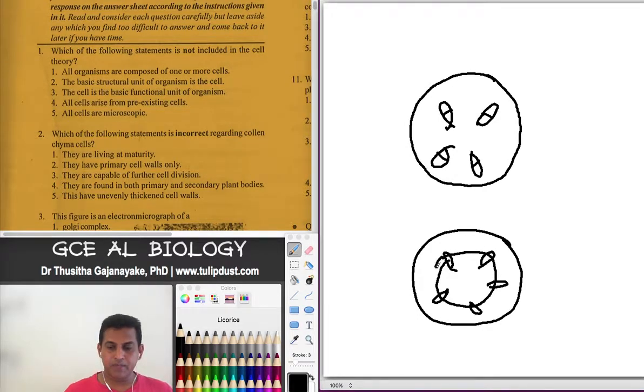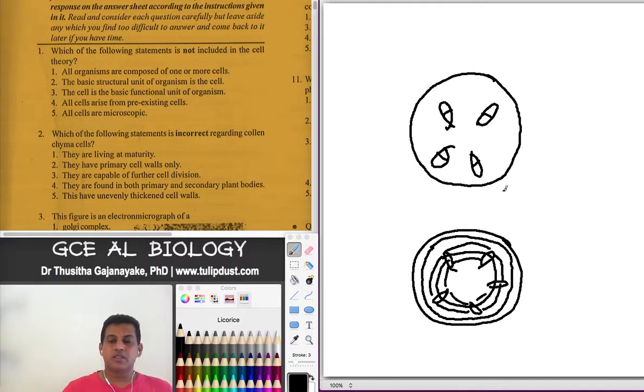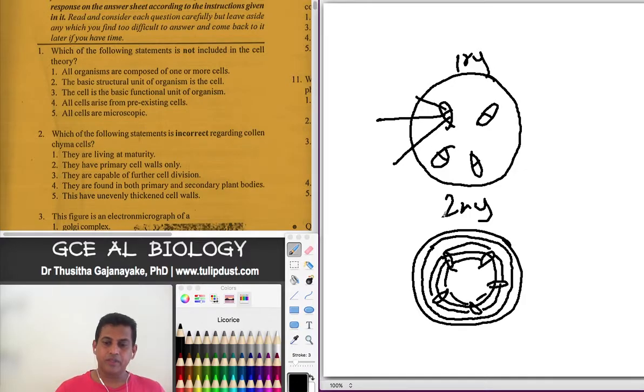The vascular cambium differentiates into secondary xylem and secondary phloem, and then here the cork cambium. So that's primary, and that's secondary. In the primary one, we can see only the xylem and phloem and the cambium in between.